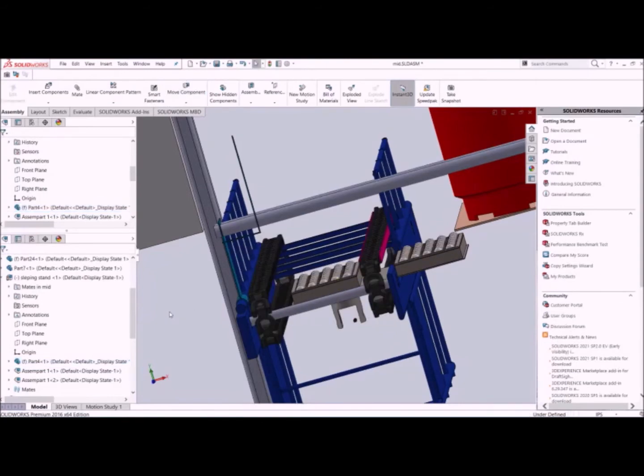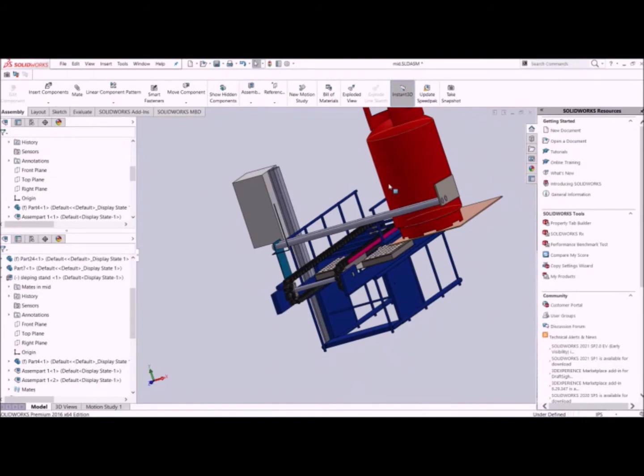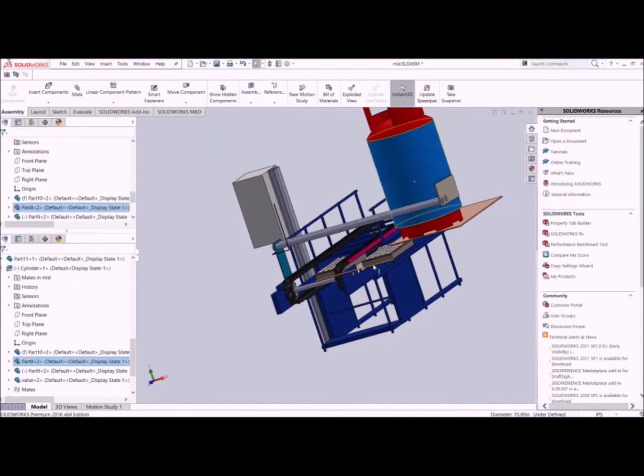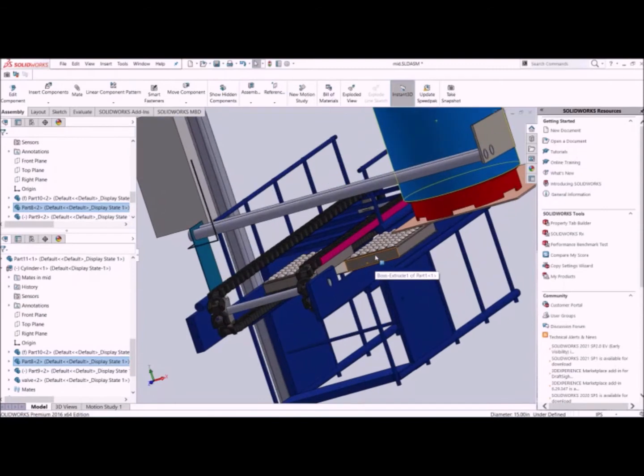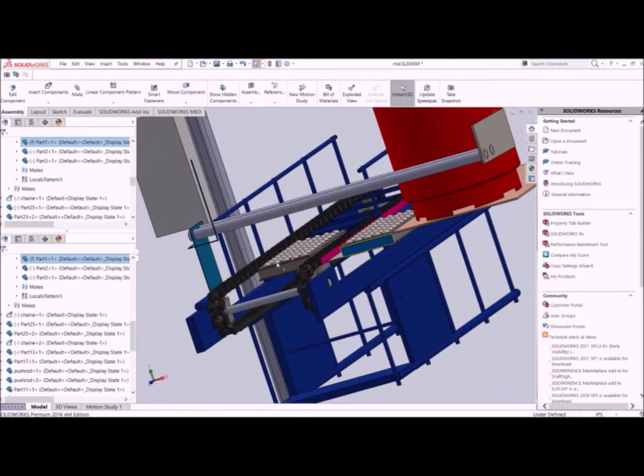When the cylinder goes, the home position of this sliding stand is such that the carousel scale plate and the sliding stand top plate are in the same plane or same line.